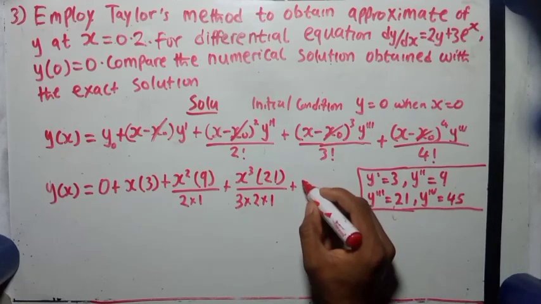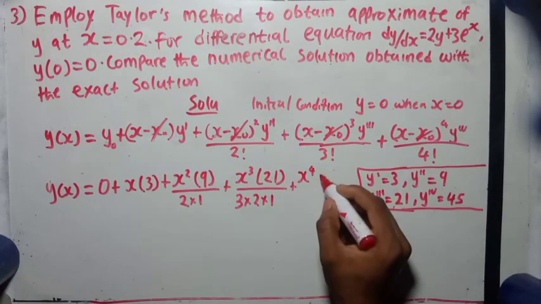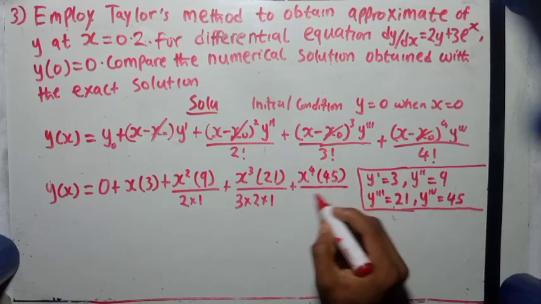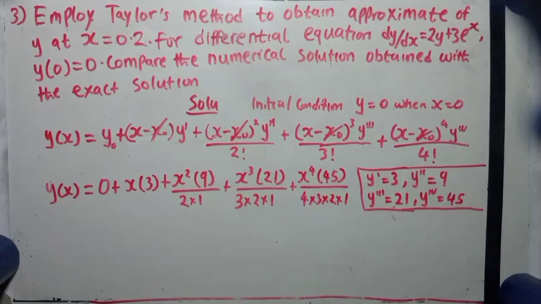And finally, this is 45 over 4 times 3 times 2 times 1.